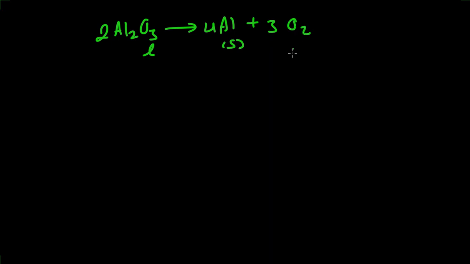It is used for finding the mole of the other amount. For example, you say 2 aluminum oxide, which is liquid, forms 4 aluminum solid and 3 mole of O2. So I'm going to make a question.